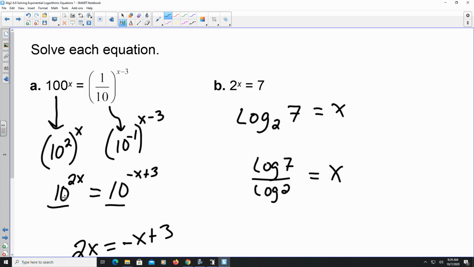Now I can use my calculator, type in log of 7 divided by log of 2, and I get my result of about 2.807, and that'll equal x.